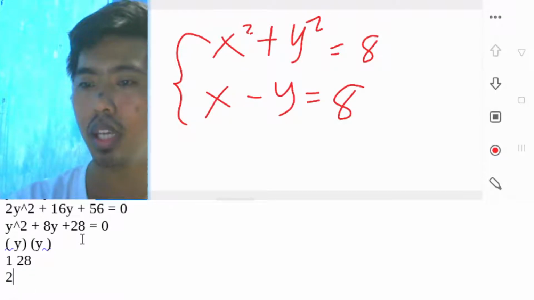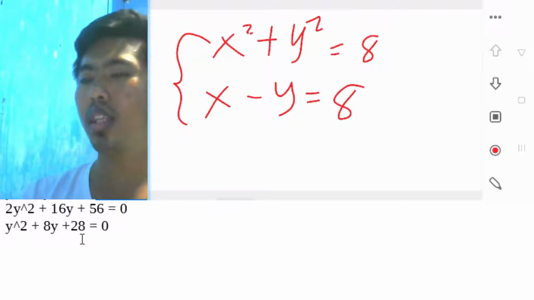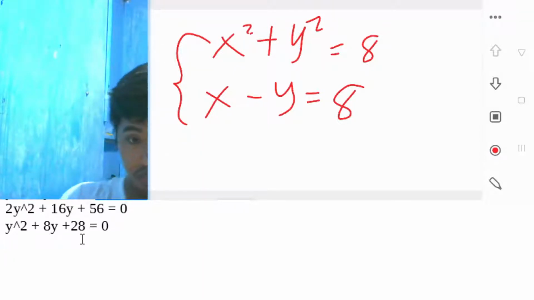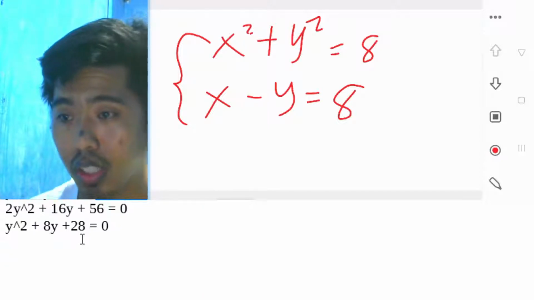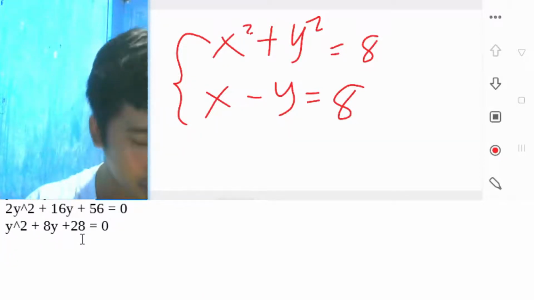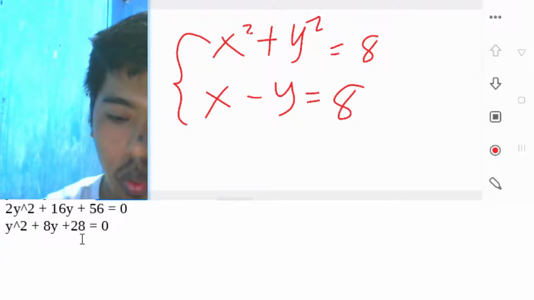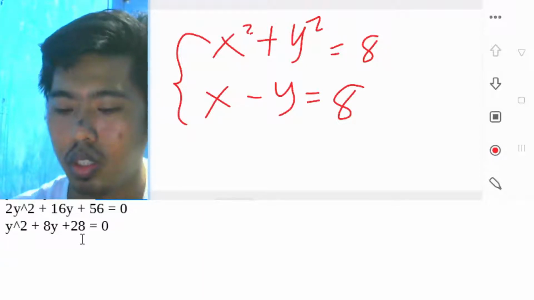Meaning, guys, when this is the situation, we are dealing with a quadratic equation. Now we're going to use the quadratic formula so that we can answer this problem. Let's start with the formula of the quadratic equation. I'm going to put that one in the cell phone.